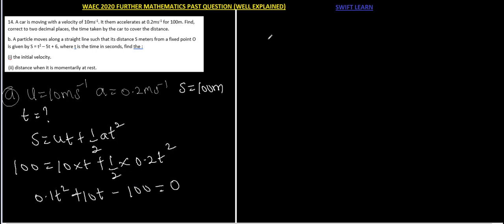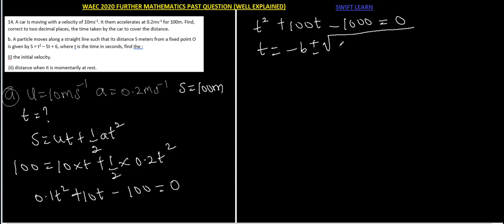So you can divide all through by 0.1. That will give you t squared plus 100t minus 1000 equals 0. I will use the formula method in getting my answer.